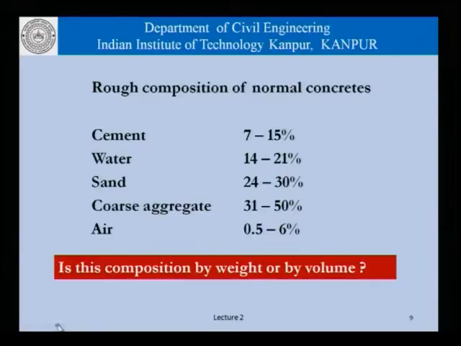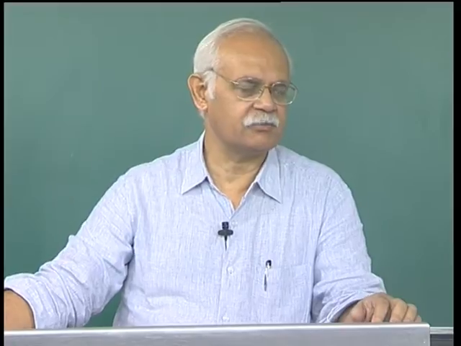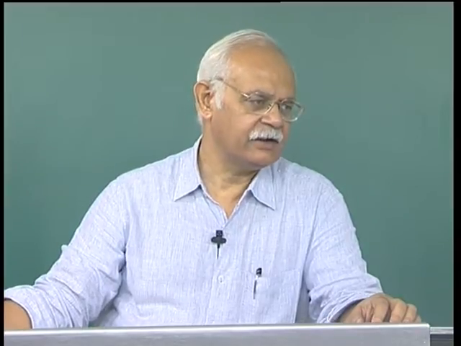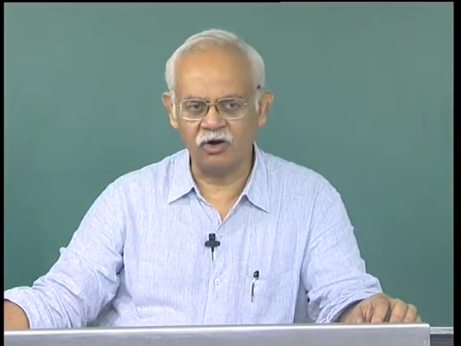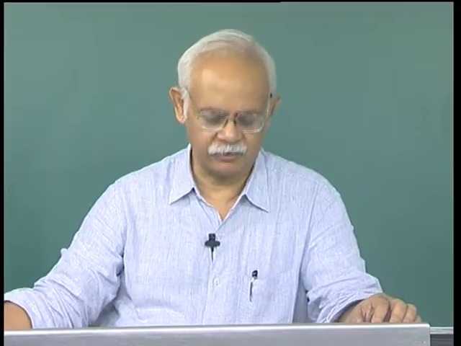In other words, coarse and fine aggregate together could constitute as much as about 65, 70, sometimes 75% of the overall volume of concrete. So, I have already given you the answer to this question here, whether this composition is by weight or volume. And indeed, there is air, which is about 0.5% to maybe 5-6% of concrete volume, depending on whether we are talking of air entrained concrete or non-air entrained concrete, which we will talk about later.